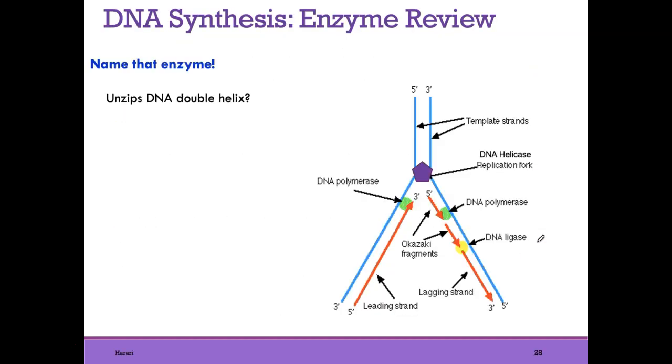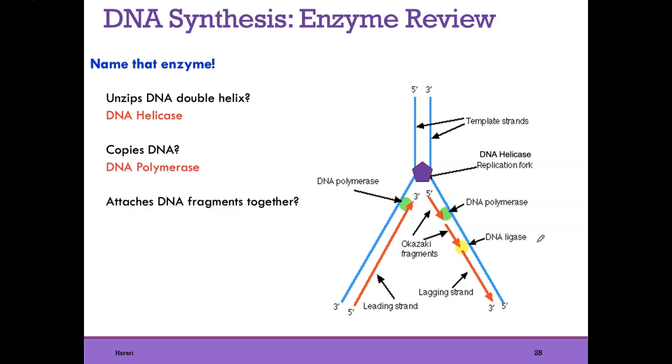So, what unzips the DNA double helix? Helicase. What copies DNA? Polymerase. What attaches DNA fragments together? Ligase. What makes the RNA primer? Primase.